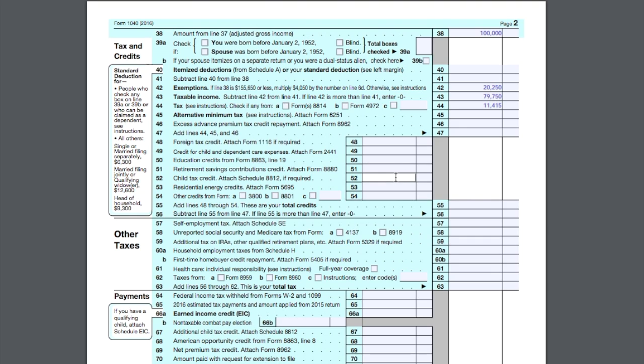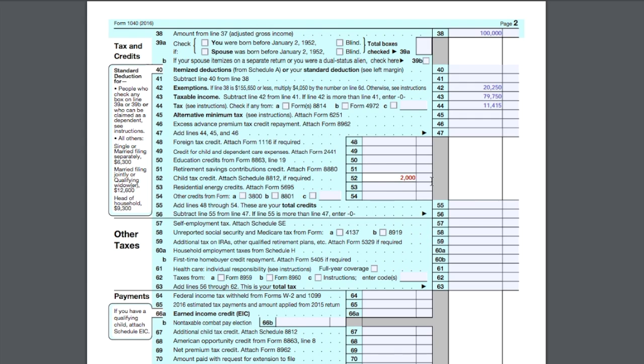But in this case, we only had $2,000 of child tax credit for Tommy and Sally because they were under the age of 17 and they were qualifying children. So we will write that in there, $2,000.